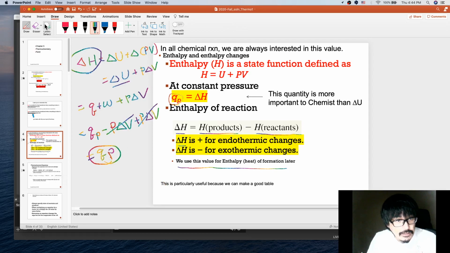The reason we care so much about this delta H is that we can make a table, and typically textbooks have quite a few delta H values for many chemicals. It's called the enthalpy of formation, but I'm not going to talk about it in this video; we're going to talk about that one in the quizzes.